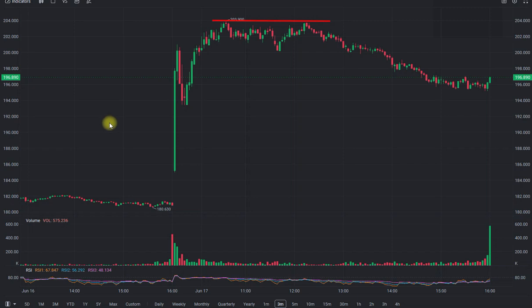You can see it twice. And instead of continuing this cup and handle and moving higher to new highs, maybe because of the market, maybe because of a pullback in the stock, who knows what is the reason, the stock loses the highs of the day and drifts down from 204 to 196.